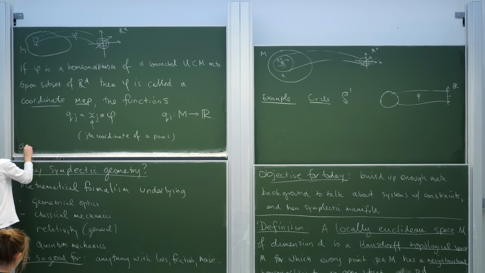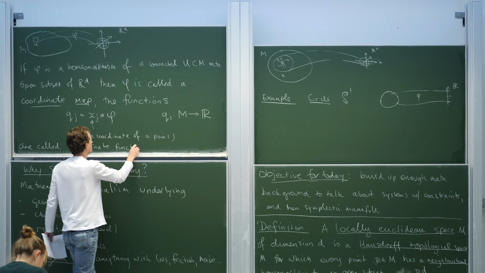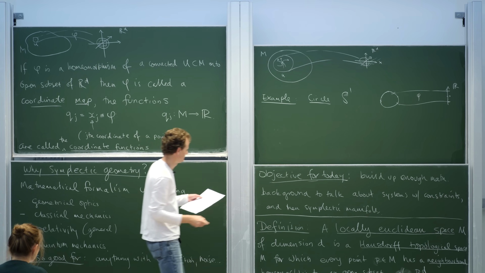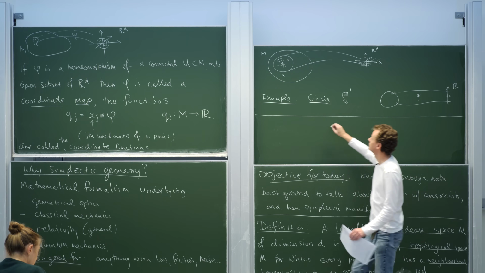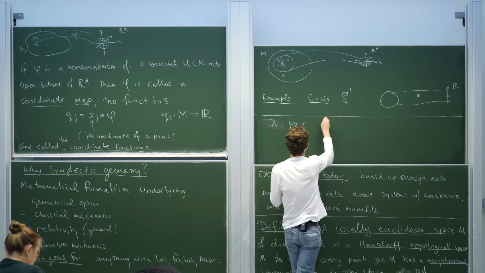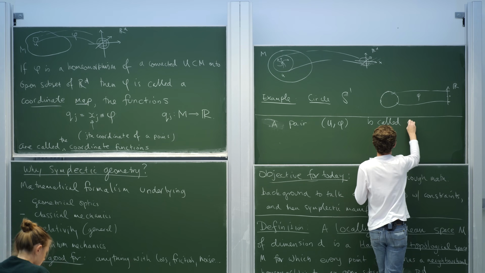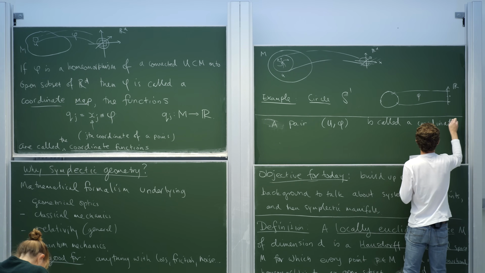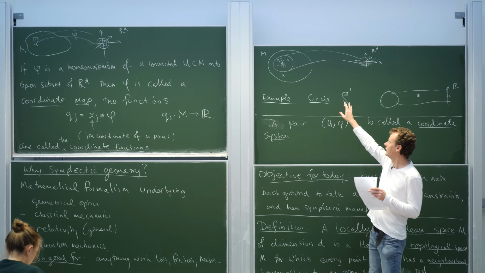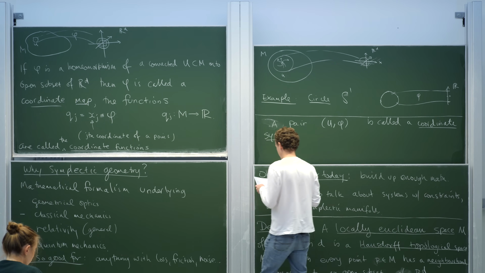I got a bit distracted. Or say a pair. So such a pair of a neighborhood in M and a map to R to the D is called a coordinate system.